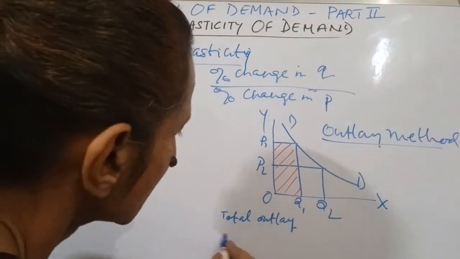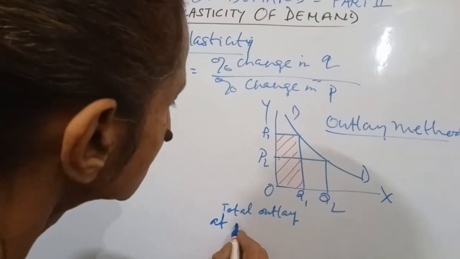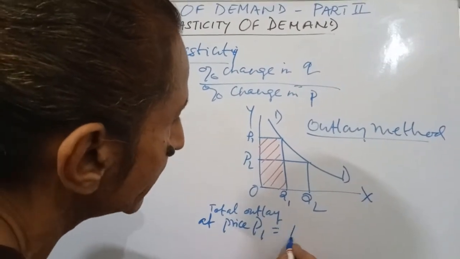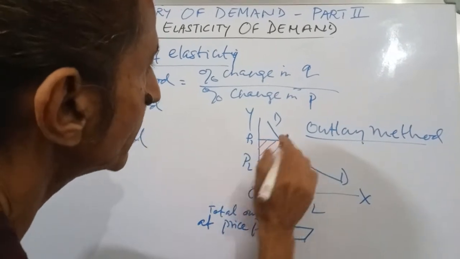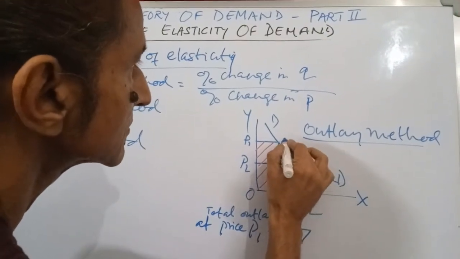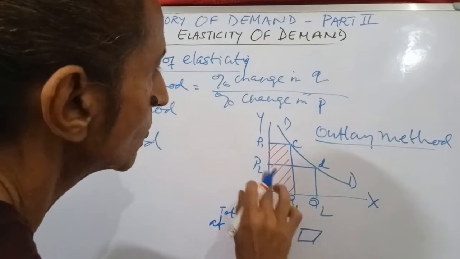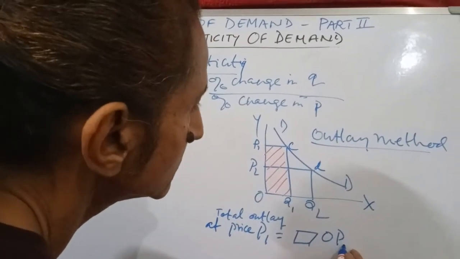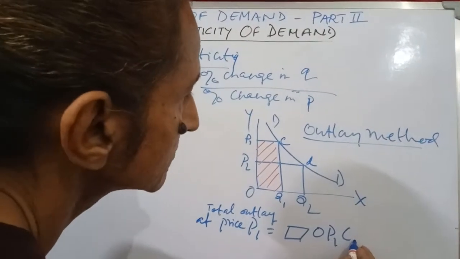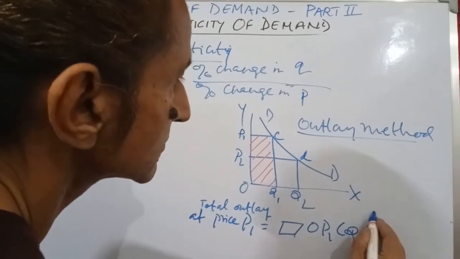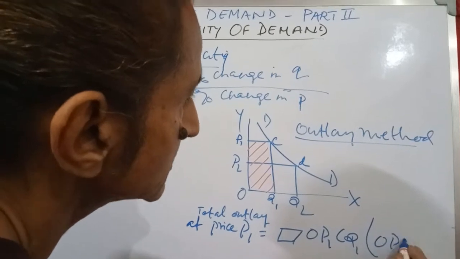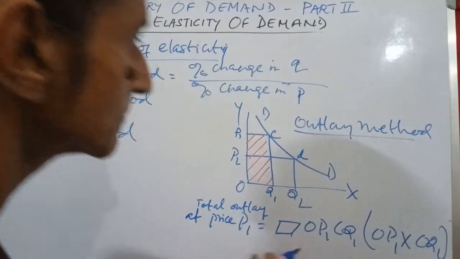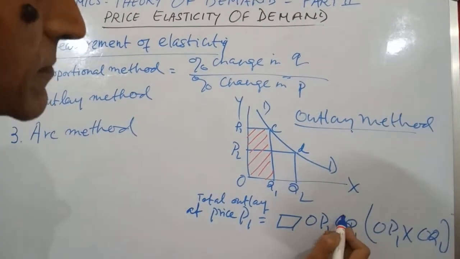Total outlay at price P1 equals the area OP1CQ1, that is OP1 price into OQ1 units, the area of the rectangle OP1CQ1.